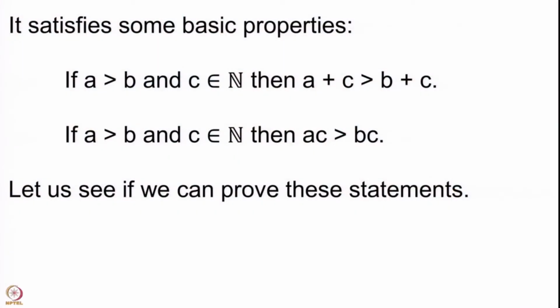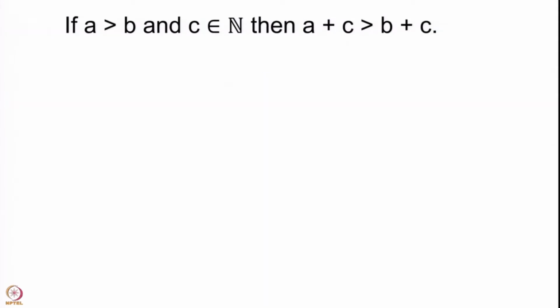And now we have two properties. So, as a warm up exercise, let us see whether we can prove these. What I will do is write the first property in the next slide and give you a minute to think about this.